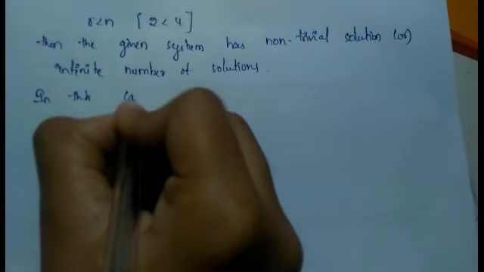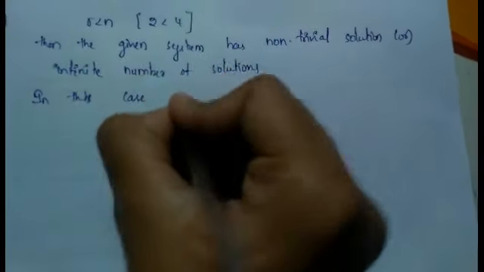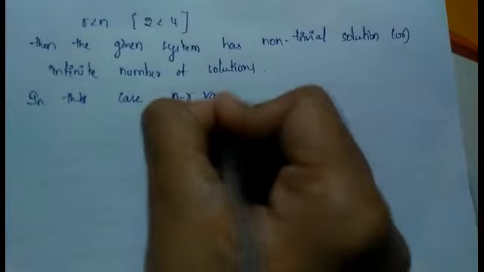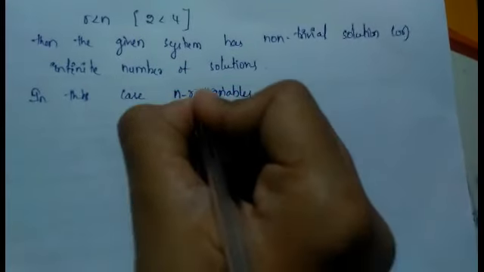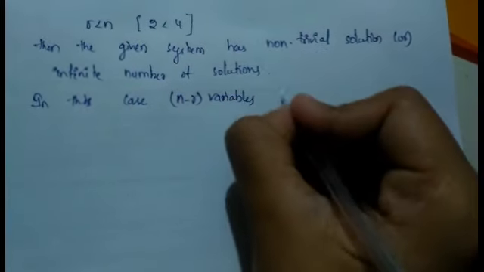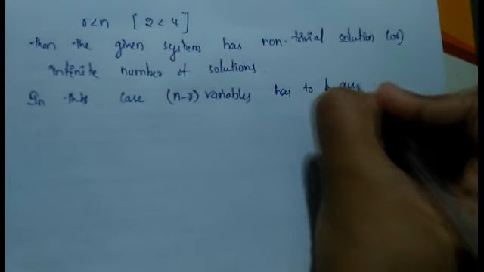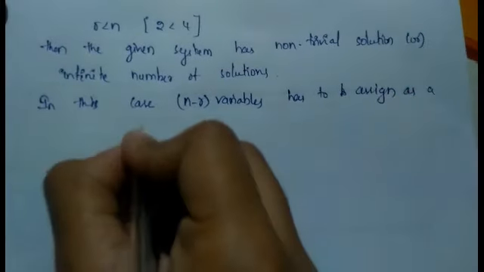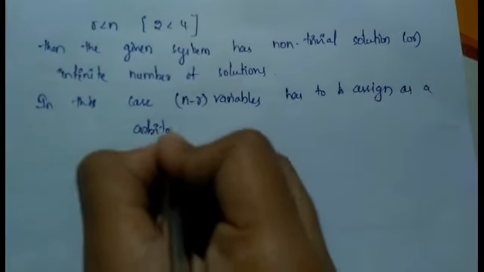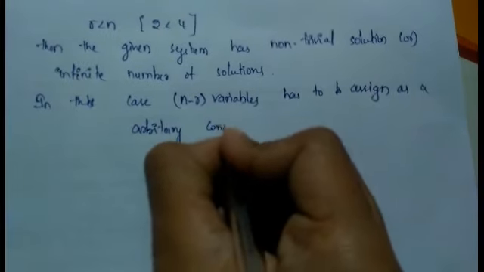So in this case, n minus r variables have to be assigned as arbitrary constants.